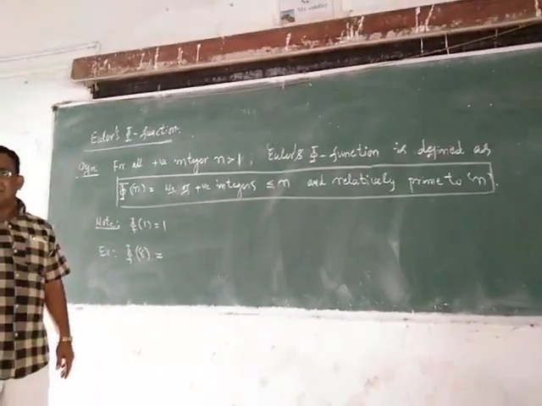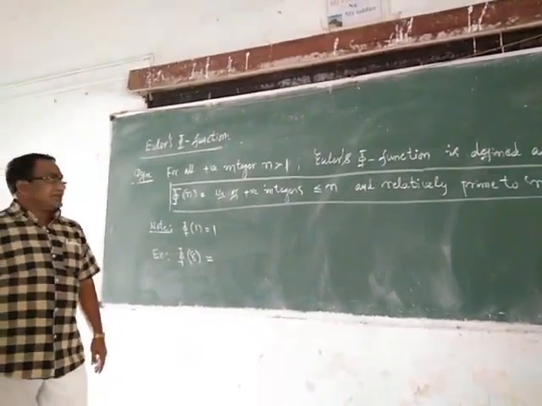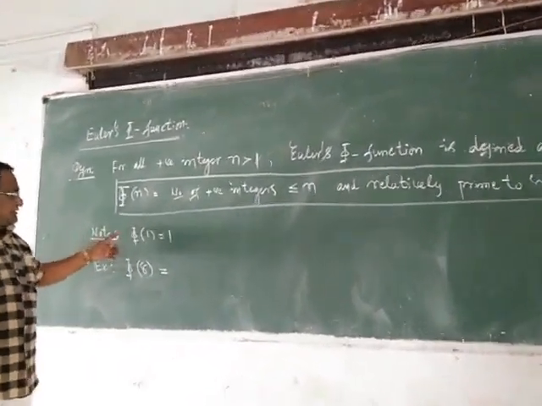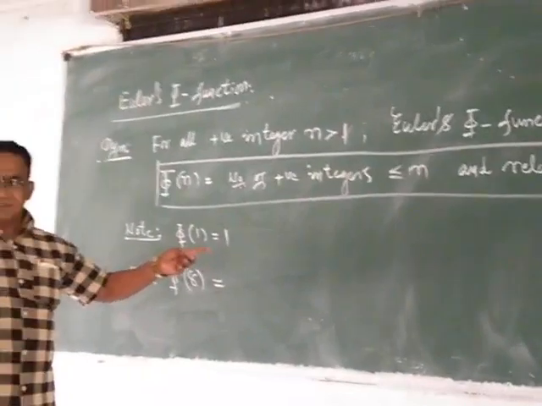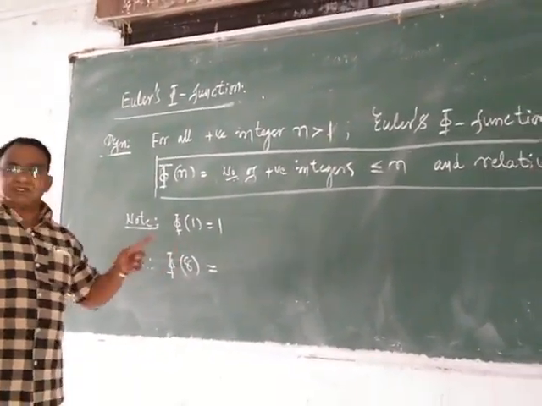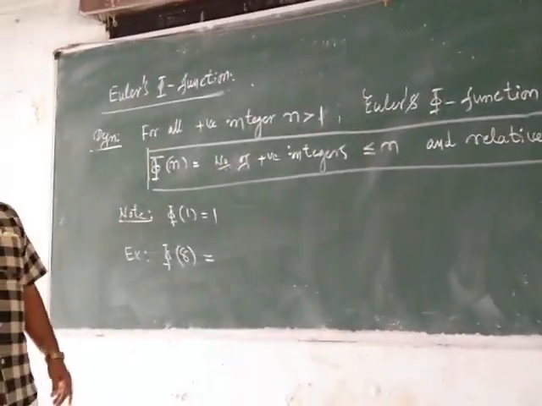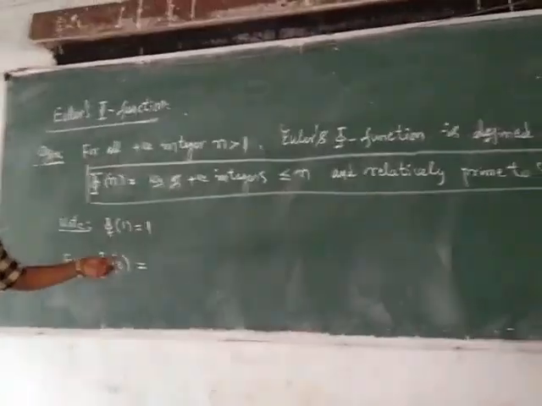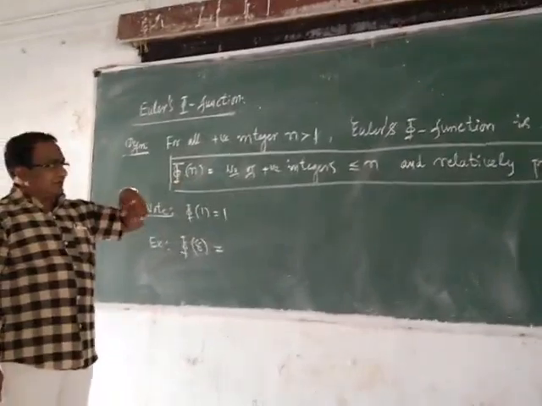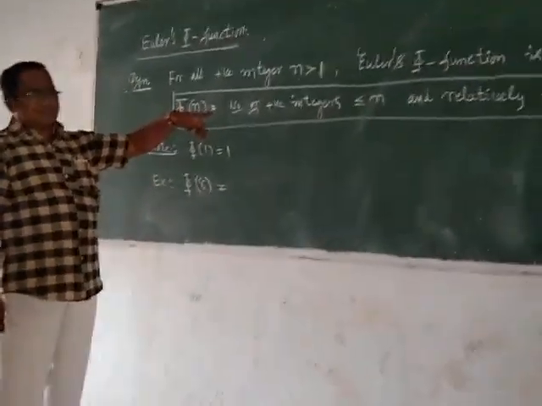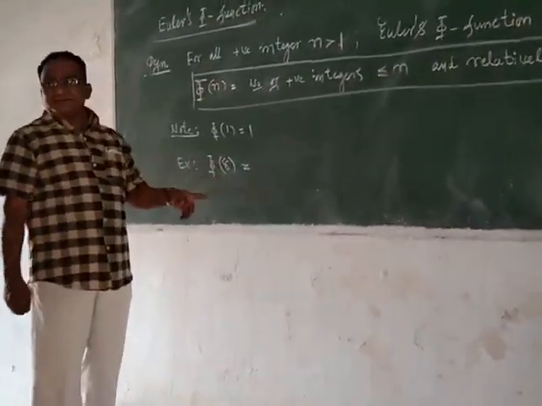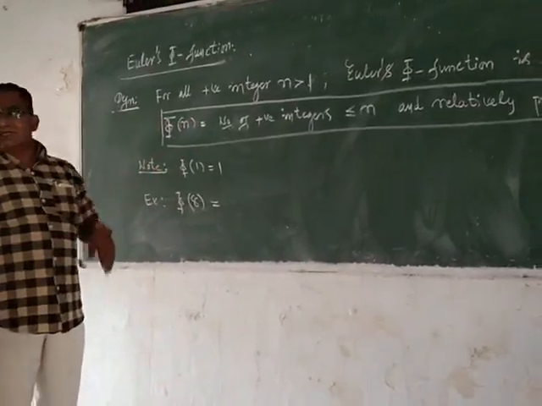We have noted phi of 1 is equal to 1. Then what is phi of 8? The number of positive integers less than or equal to 8 and relatively prime to 8.